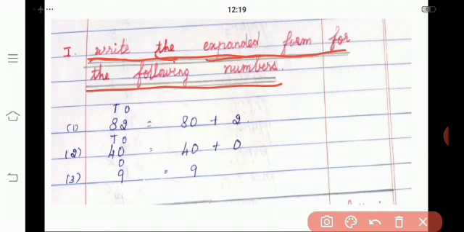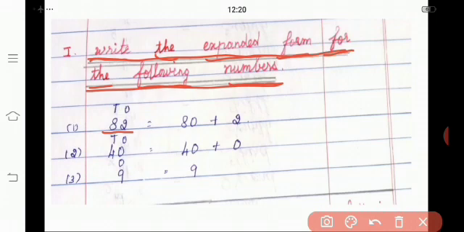Now we are going to write the expanded form for the following numbers. Our example is 82. We have to write the place value of each digit. So our first step is we are going to write the place value of each digit.